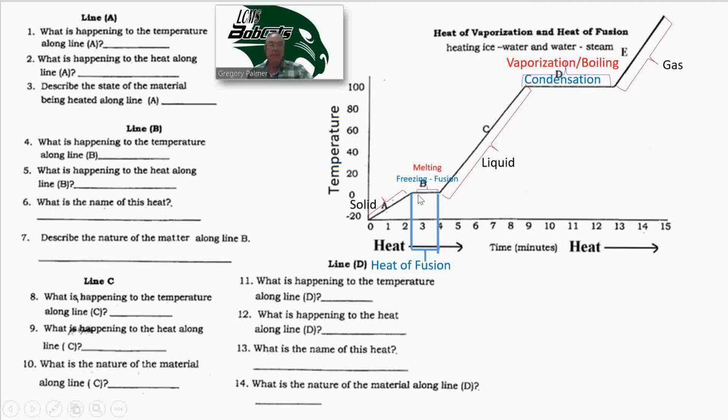The heat necessary to turn the solid into a liquid and unfuse the particles is called the heat of fusion. The heat necessary to break the particles apart from a liquid and turn them into a gas is called the heat of vaporization. It's the heat necessary to vaporize the liquid.